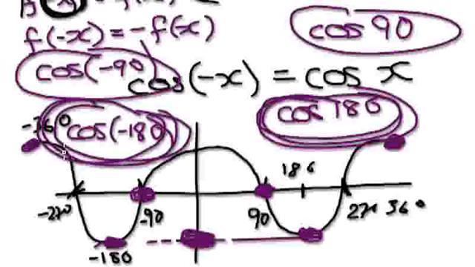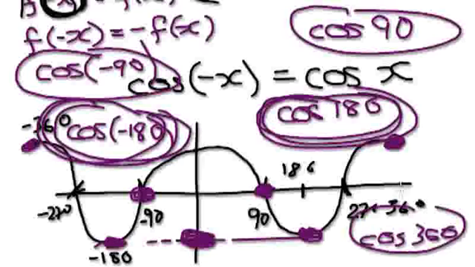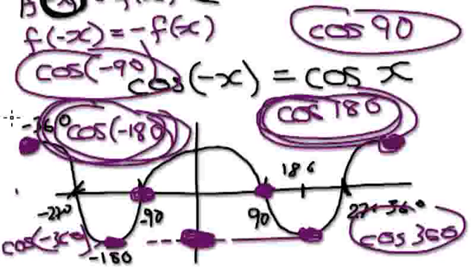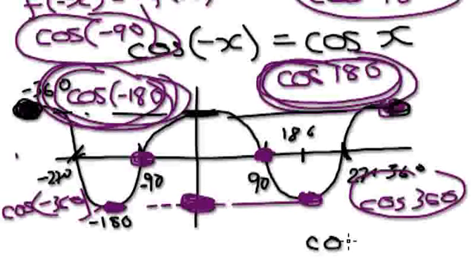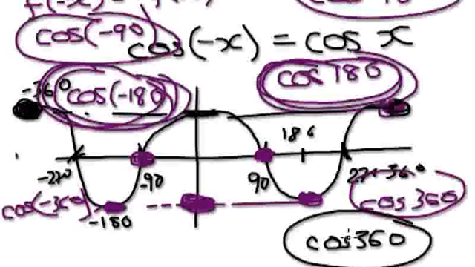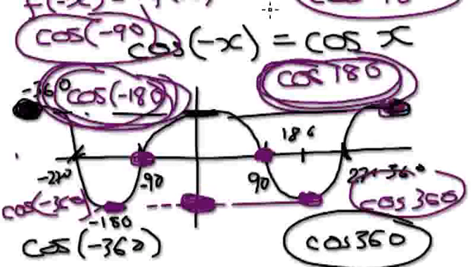Cosine of 360 gives you this point, and cosine of negative 360 gives you this point. This point is the same as this point, because this is 1 here and also 1 here. So we can speculate that cosine 360 is the same as cosine of negative 360.